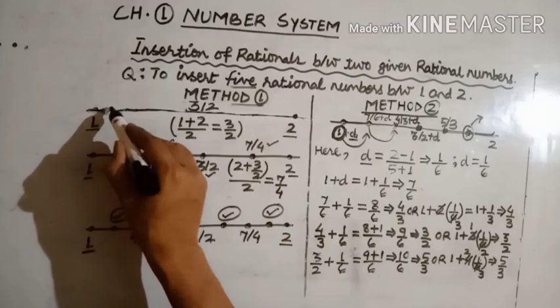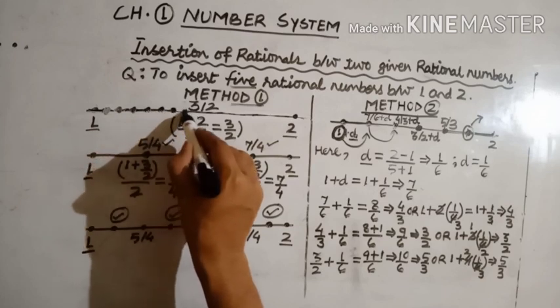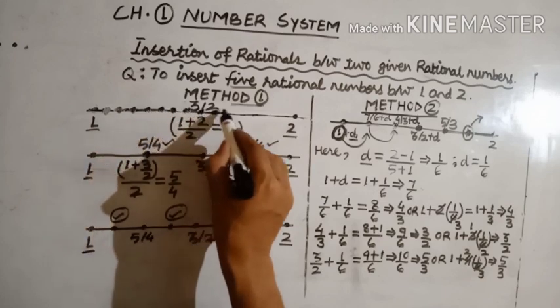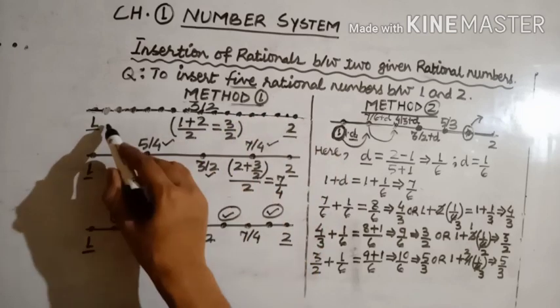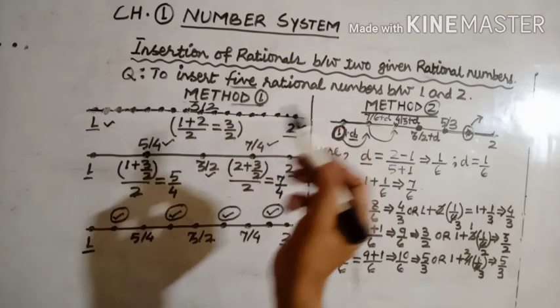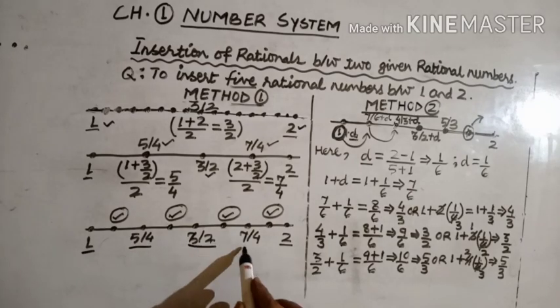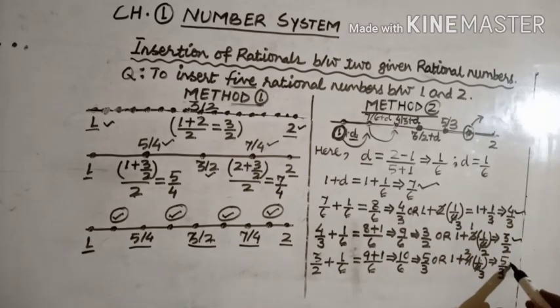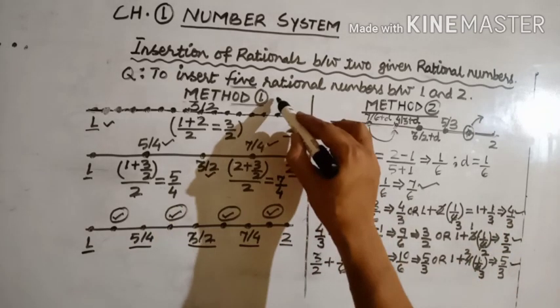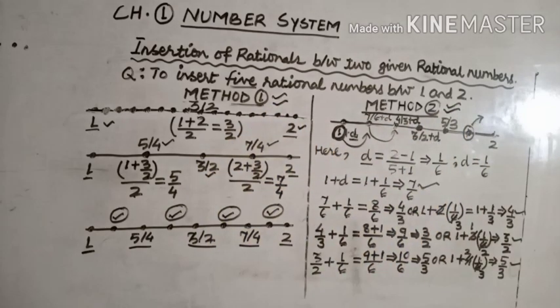And remember that as there may lie infinite rational numbers between two given rational numbers, that's why the different rational numbers calculated using either of these two methods need not be equal to each other.